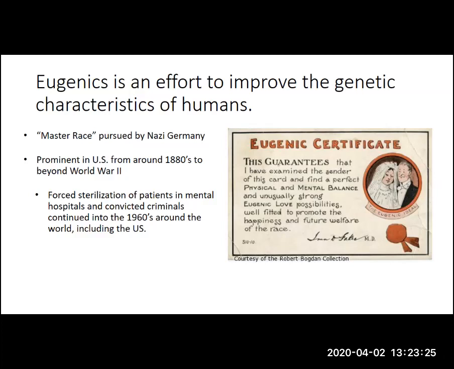They used selective breeding to promote the Germanic stock with the ideal German characteristics that they wanted to see going forward, as well as euthanasia. They killed many people that didn't fit into their category of the ideal.